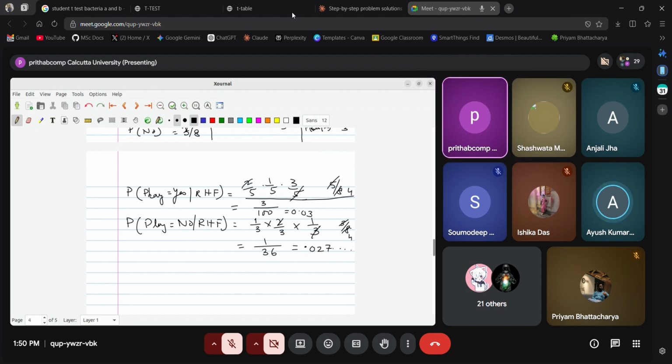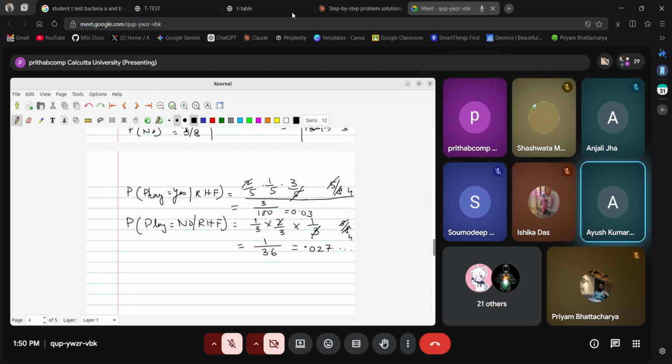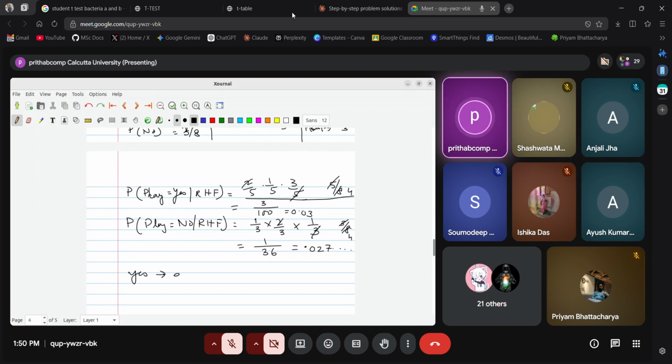The yes one is greater. Yes part is greater. So that means the class probability is going to be this one. So given this RHF, we are going to get this maximum probability that we saw over here. So that means this is going to be the predicted class.